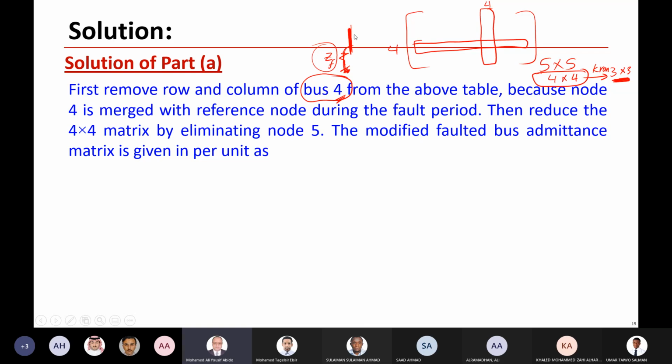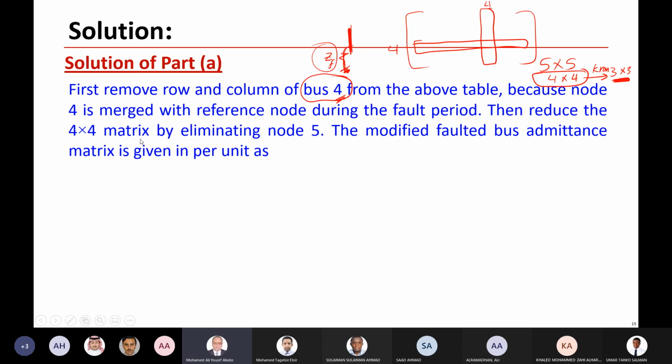Now, since the fault is a solid fault, bus number 4 becomes connected solidly to the reference. We can eliminate bus 4, column 4 and row 4, and then we have a 4 by 4 matrix, and by Kron reduction we eliminate bus number 5, and then there is no generator at bus number 5, so we have a 3 by 3 matrix at the end.